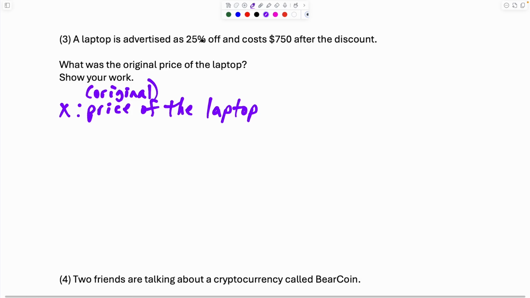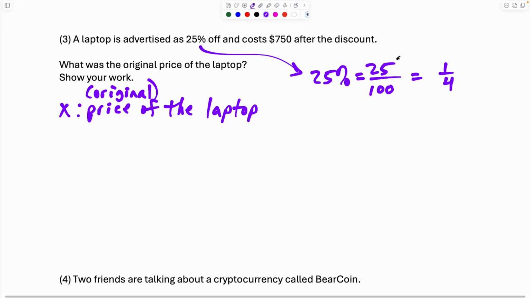So let's think about this. If 25% is taken off, well, 25%, I'll just write over here, is once again 25 out of 100. And 25 hundredths reduces to 1/4.